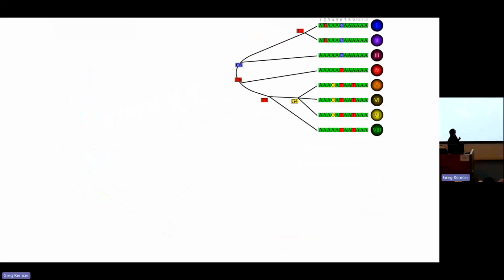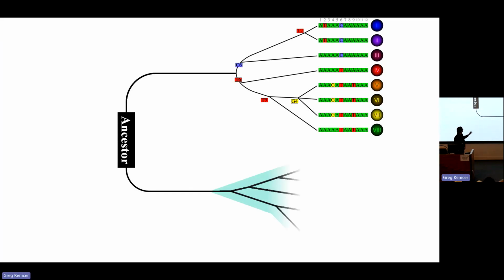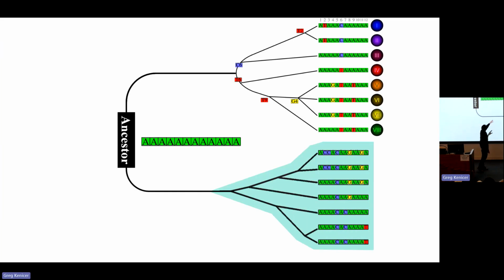So if we shrink that down to the corner there, we can effectively move backwards to the ancestor by moving sideways to a closely related group like this. Basically you're doing the same thing, and by including these in the analysis, you can get a pretty strong indication of what the ancestor was doing.